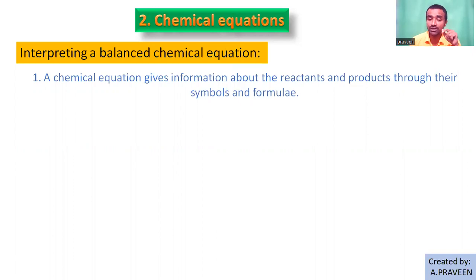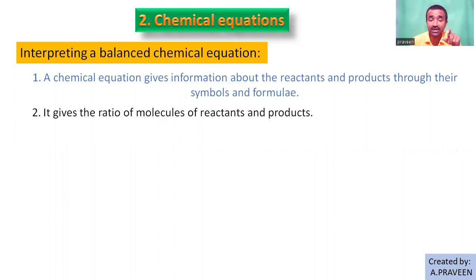It also gives information about the molecules, the ratios, molar ratios, right? So here you will get the ratio of molecules of reactants as well as products: 1:2 ratio, 2:1 ratio, 1:1 ratio. For example, C plus O2 gives CO2.